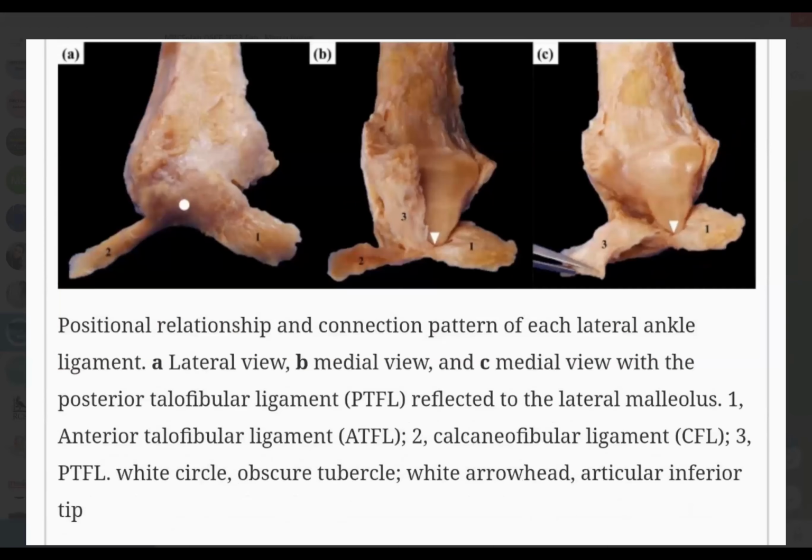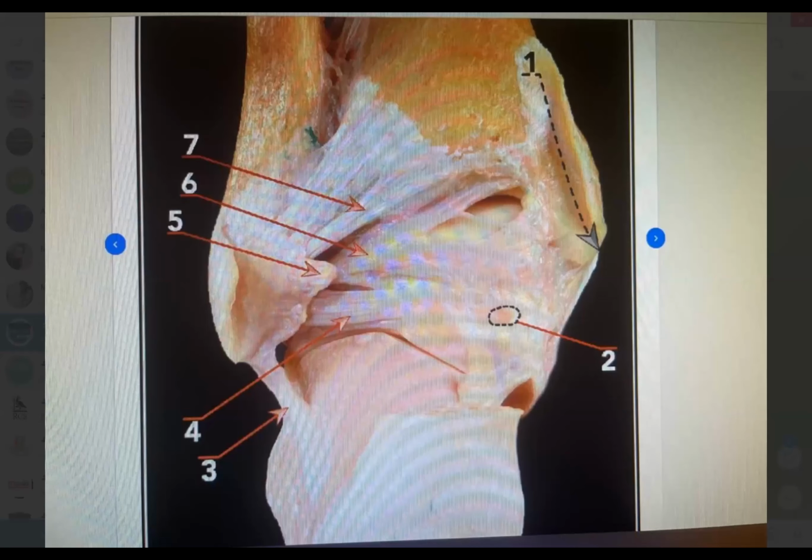Okay, and this is also another picture. You should keep these pictures. I think this picture is also very clear. If I go here, number 7, posterior tibiofibular, between the tibia and the fibula, as you see. Yes.